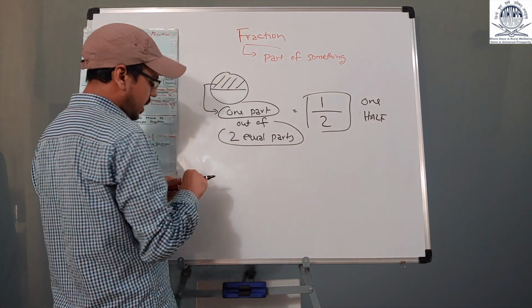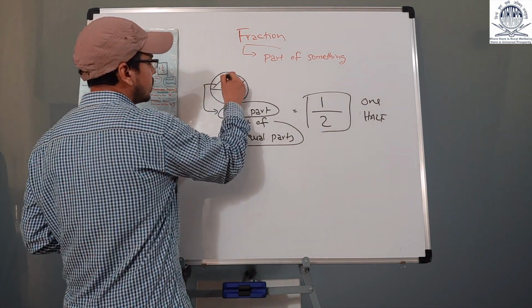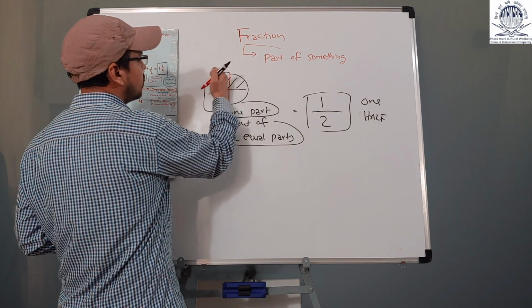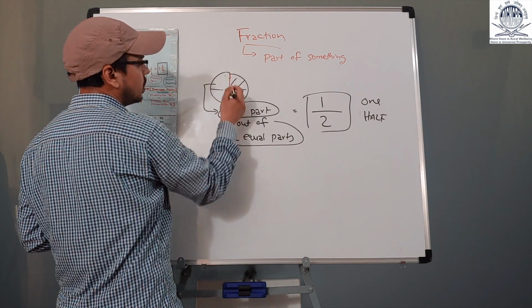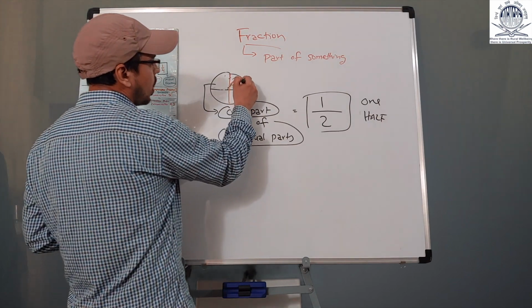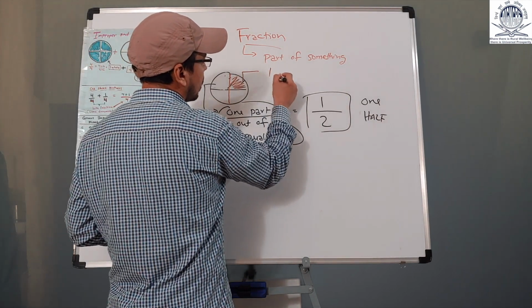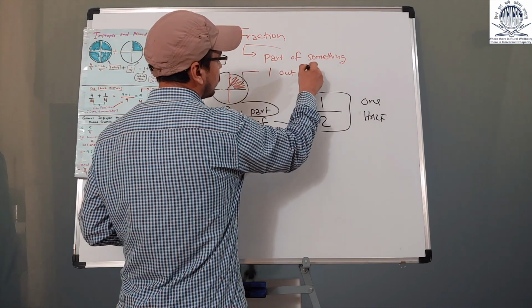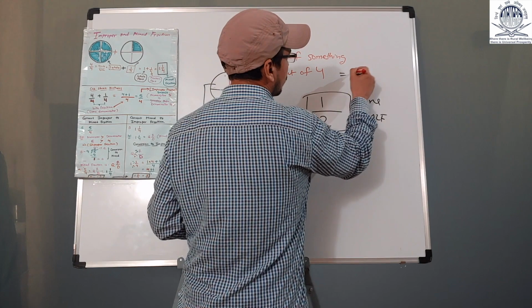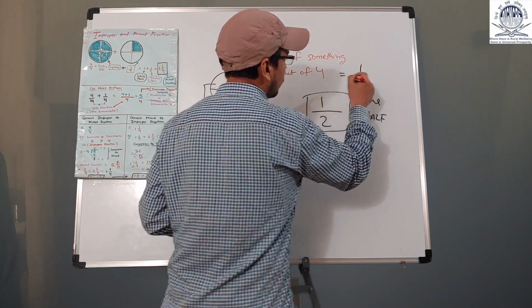Similarly, when I divide into 4 equal parts, and I just want this shaded portion over here, this is 1 out of 4, and this can be written as 1 by 4.